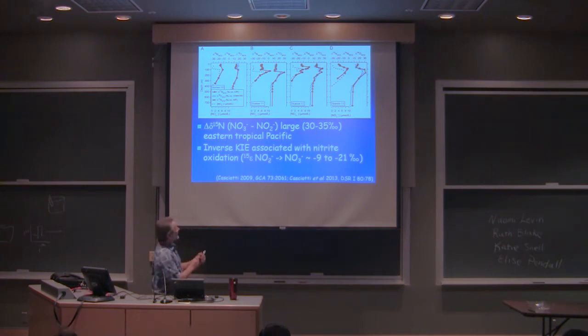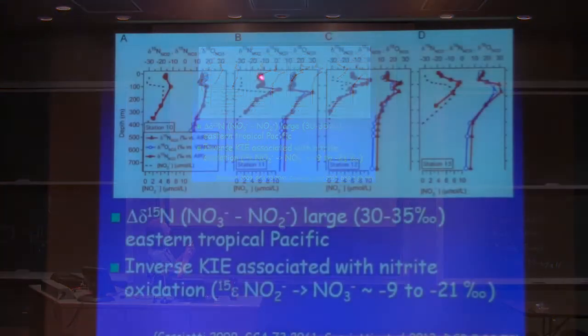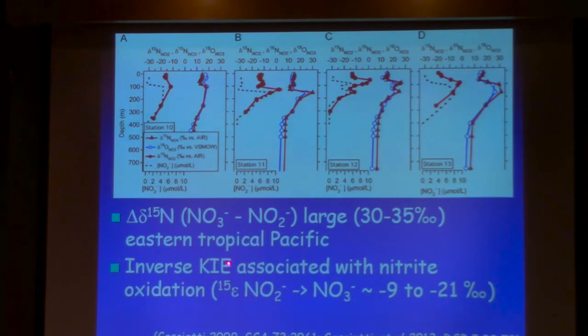But it means that nitrogen cycling results in a really odd inverse kinetic isotope effect during nitrite oxidation. And here you can see the difference between the nitrogen isotopic composition of nitrate and nitrite.